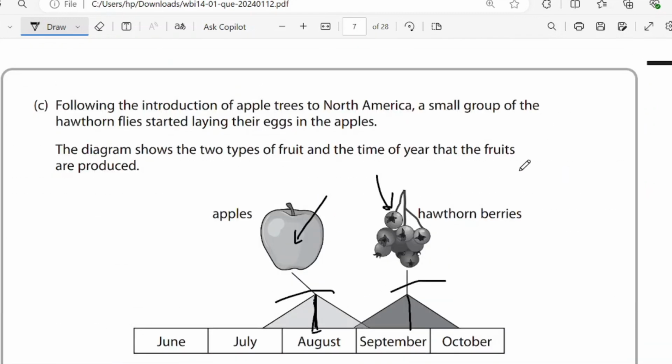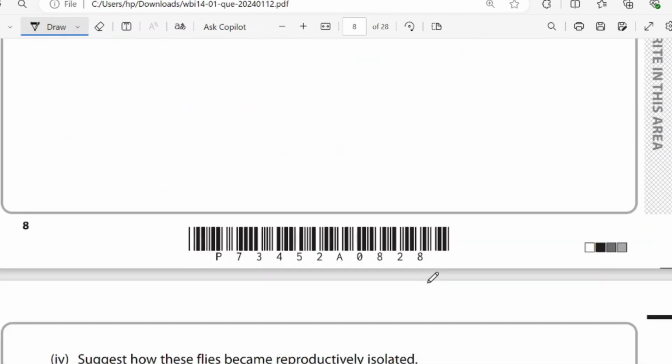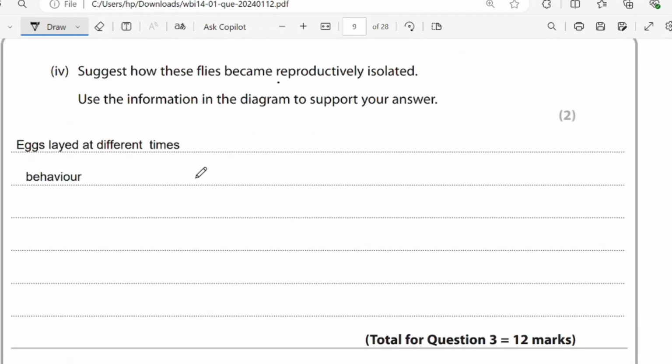So as you can see, if they're laying eggs in apples and hawthorn berries, they're doing that during different times of the year, which means that they were probably laying eggs at different times of the year. So these two species of flies were present at different times of the year.